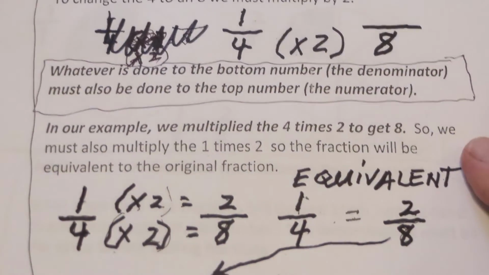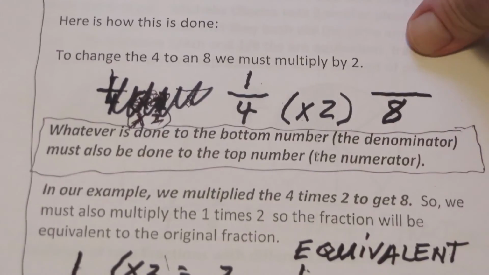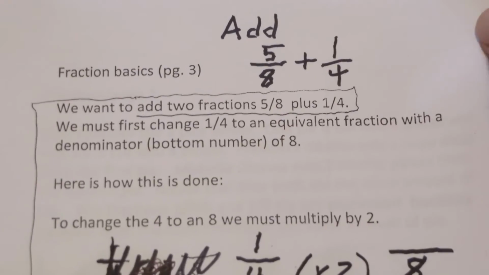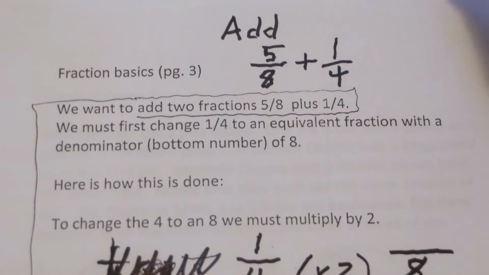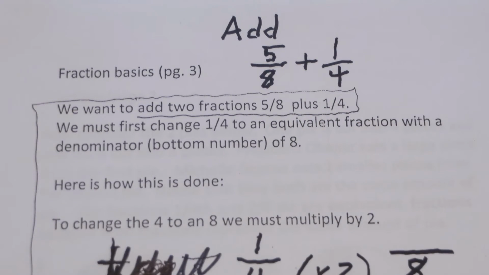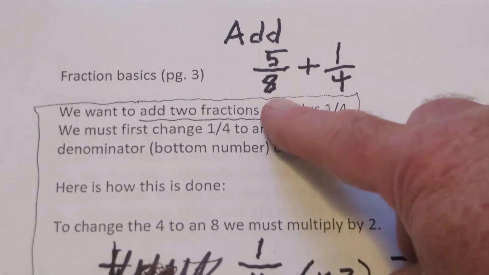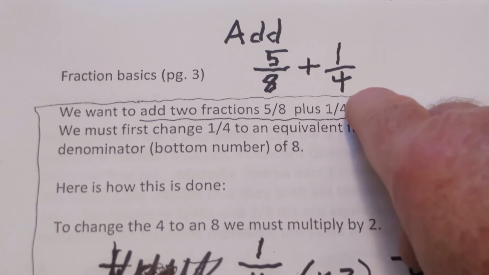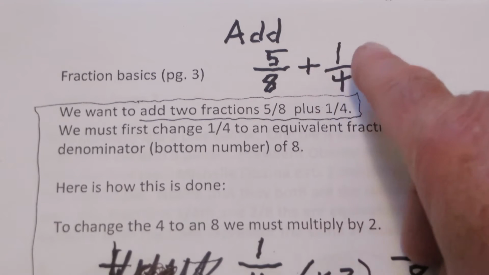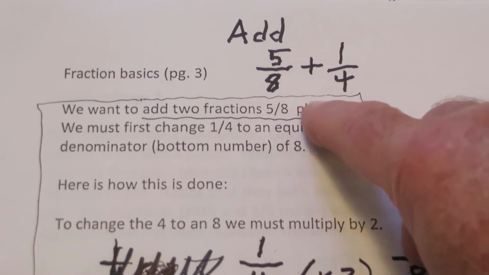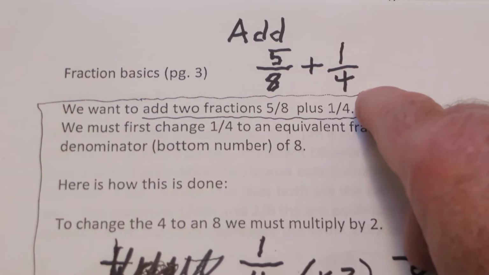Here we go. An important thing about adding fractions, we're going to use this example, 5/8 plus 1/4. Remember that previously we said that the bottom number has to be the same before we can add 2 fractions. We can't add 5/8 to 1/4 because the bottom number, the denominator, has to be the same.